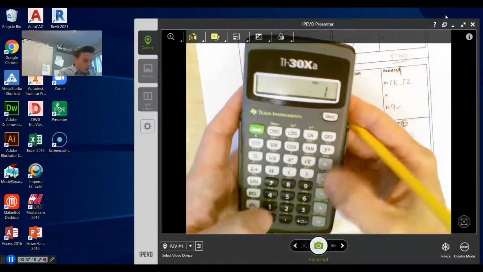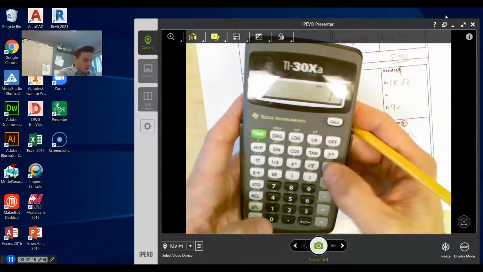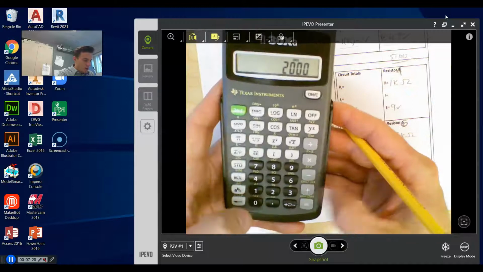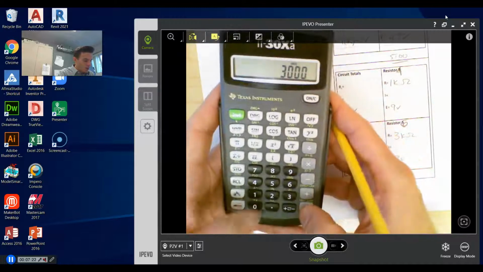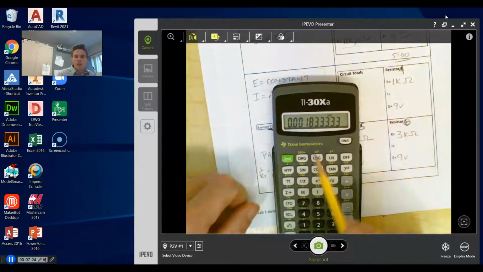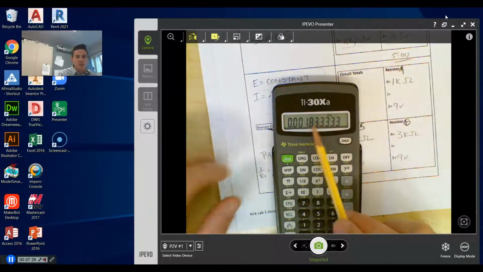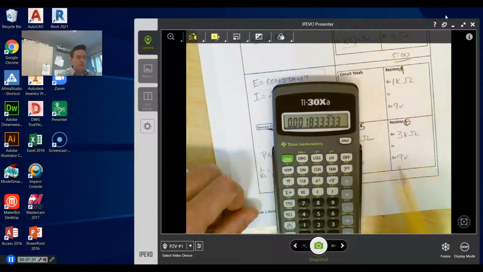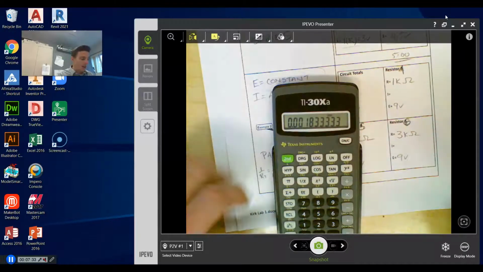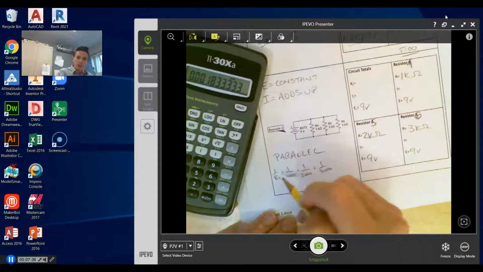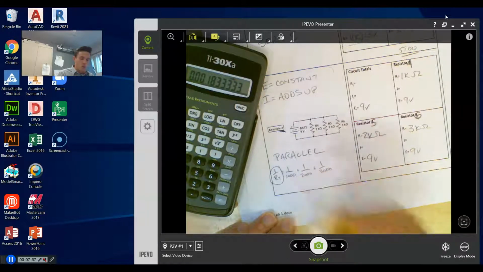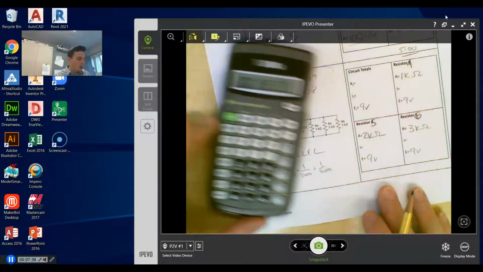So I go 1 divided by 1,000 plus 1 divided by 2,000 plus 1 divided by 3,000. That's equal to this decimal point, right? Remember, you're never going to see resistances less than 1 in this class, okay? So you know that this answer is not right yet. That's because you still need to solve for the opposite side of the equation, the 1 over RT.